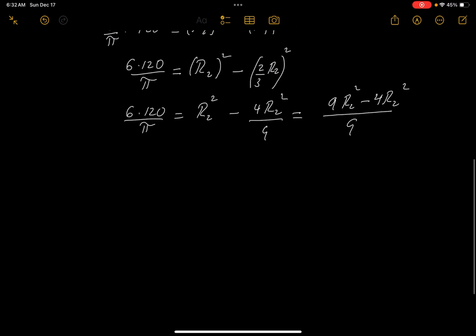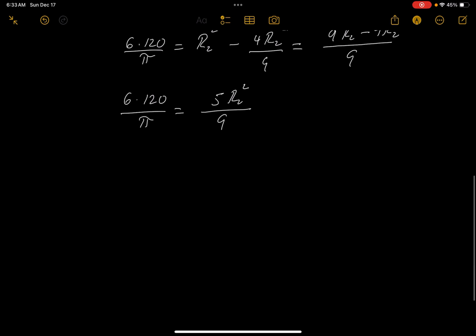Let's keep moving. 6 times 120 over pi equals, over 9, 9 minus 4 is 5, so it's 5 R2 squared. I think I'm getting pretty close. So 6 times 120 times 9 over 5 pi equals R2 squared.